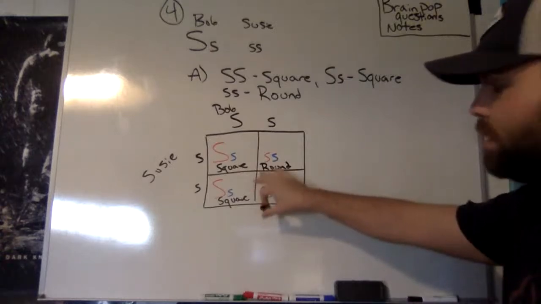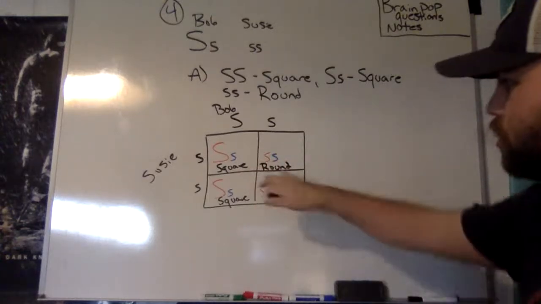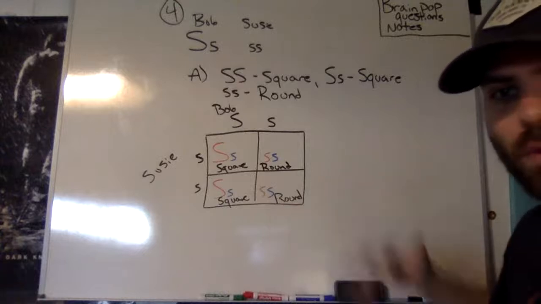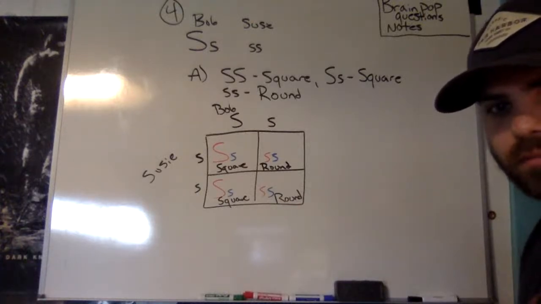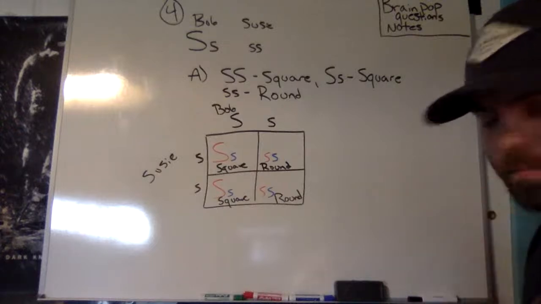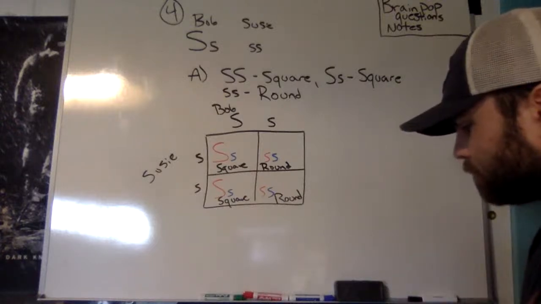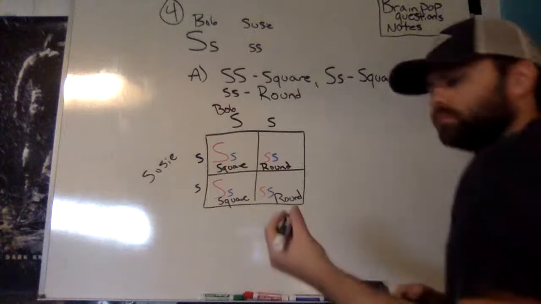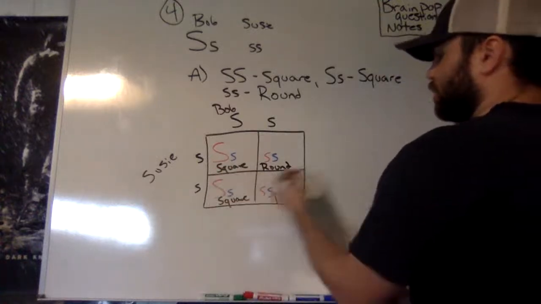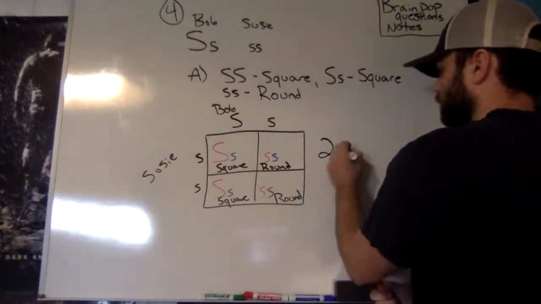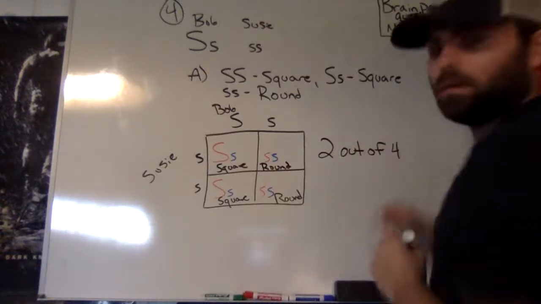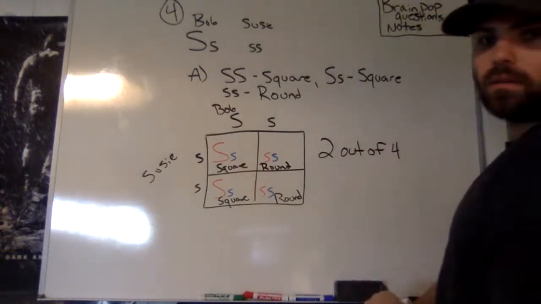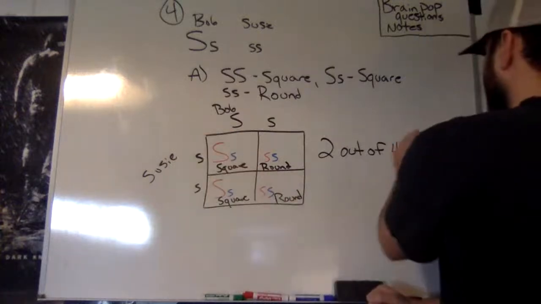So since there's 4 boxes, it's going to be how many out of 4? So you count them up, right? So it's going to be 2. So 2 out of 4. And what percent is that going to give you? Both are 50. Good.